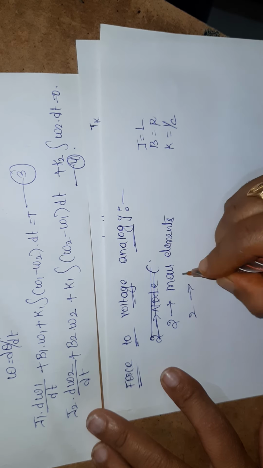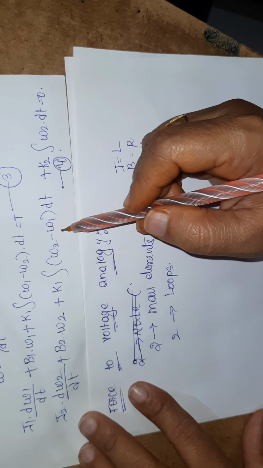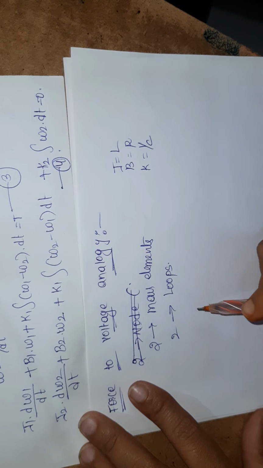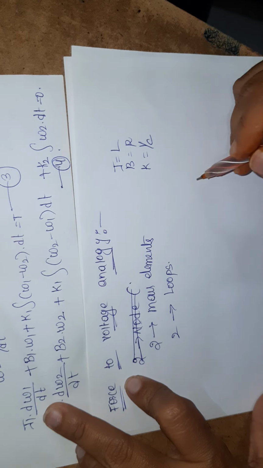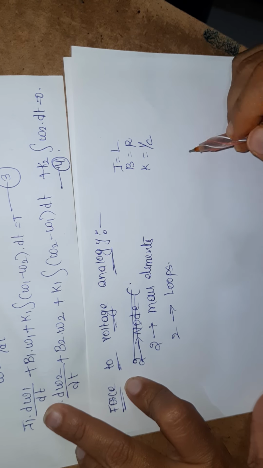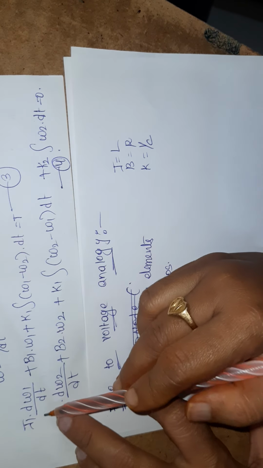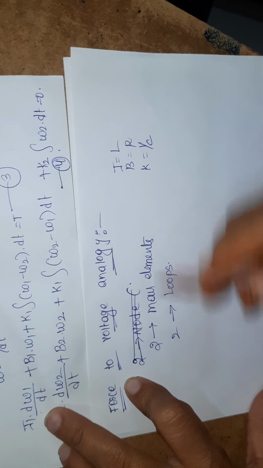Okay, so first consider equation 3. For equation 3, how to draw a diagram. So first, it is force to voltage analogy. If it is a force to voltage analogy, we have to consider a voltage circuit, a voltage source circuit in which R, L, C are connected in parallel. Okay, so this is from equation 3.